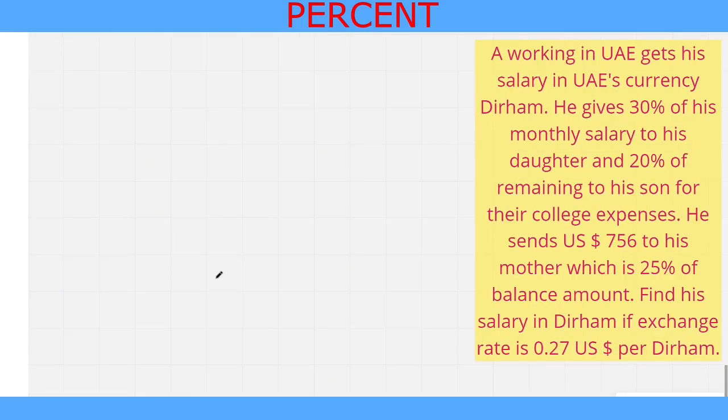Our next question is, A, working in UAE, gets his salary in UAE's currency dirham. He gives 30% of his monthly salary to his daughter and 20% of remaining to his son for their college expenses.